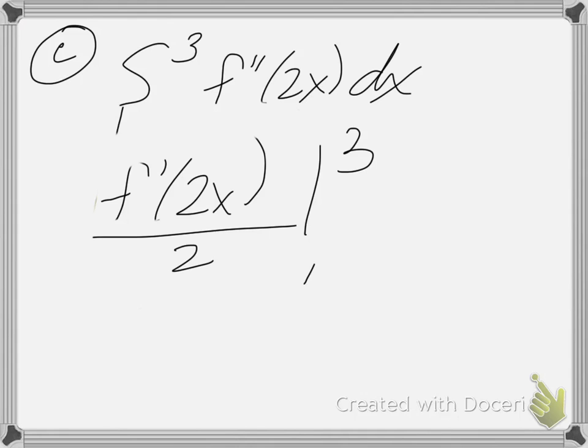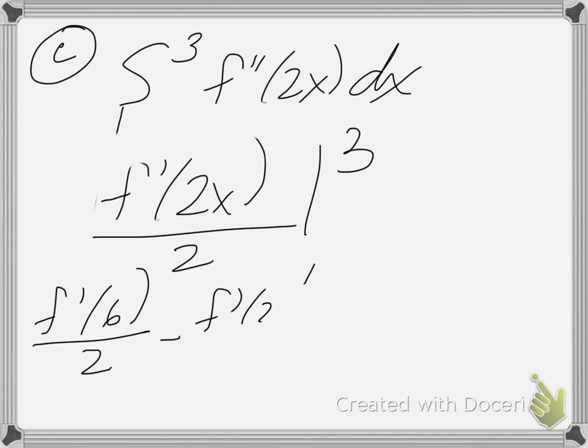Okay, so if you put 3 in there, you get f prime of 6 over 2 minus f prime of 2 times 1, which is just 2, over 2. Okay, f prime of 6 is 5. f prime of 2 is negative 2.